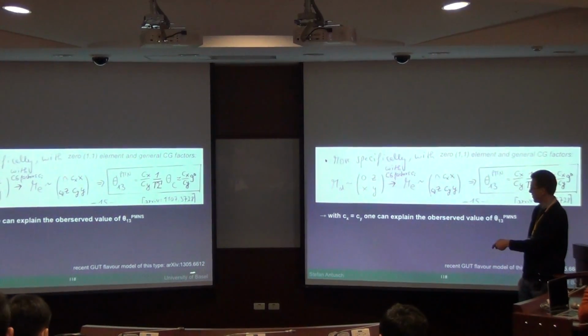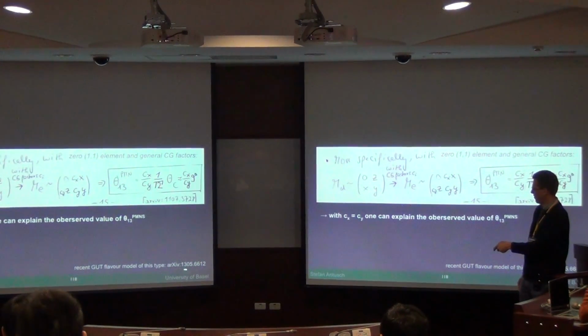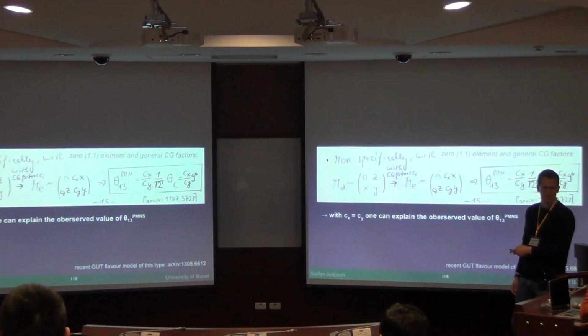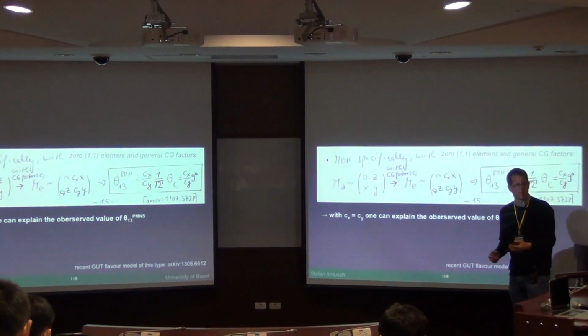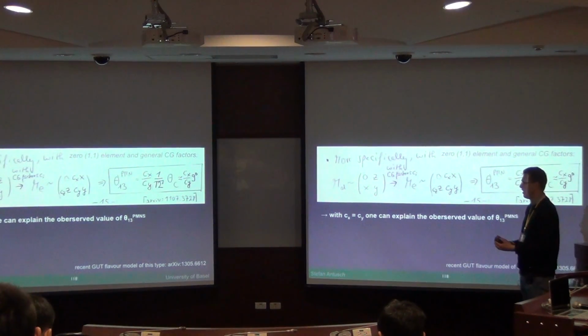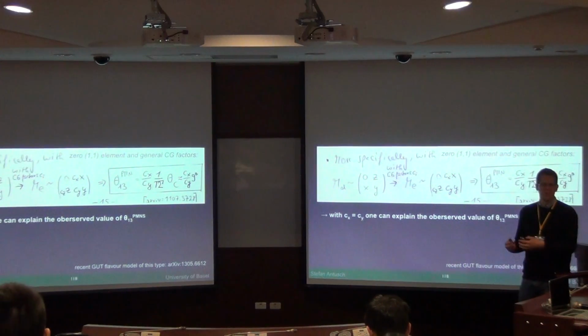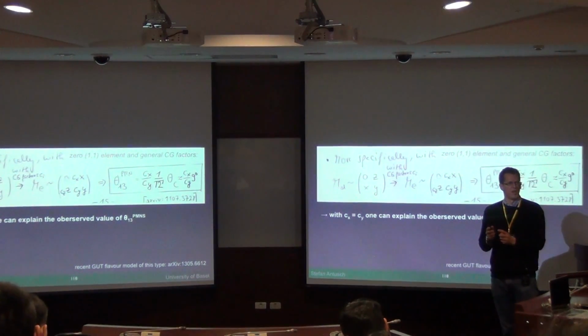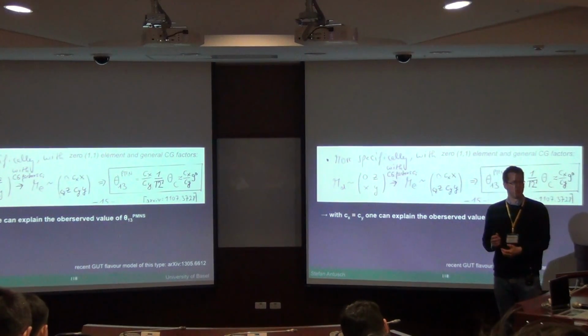And here is a reference of the model, which uses exactly this strategy. If you have trimaximal mixing, this goes very well together with a normal neutrino mass hierarchy, using constrained sequential dominance. You only have these two column vectors, and you have this hierarchical neutrino mass matrix.